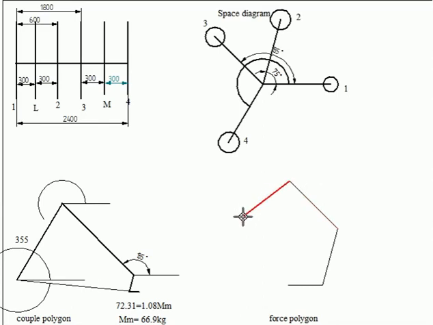Length of the next line will be 25, 0.6 times ml.